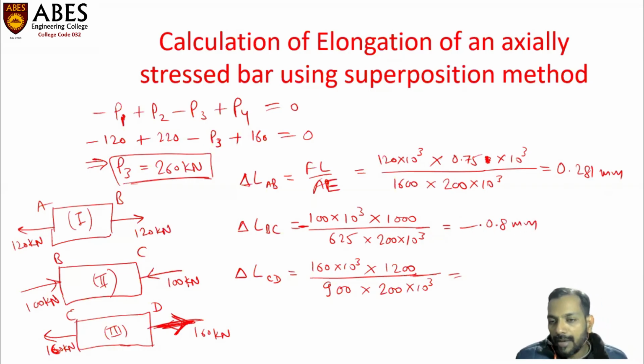I'm using a minus sign because this portion is under compression. And the elongation of the third part CD is 1.0667 millimeter. So these are the three elongations or contractions of these portions AB, BC and CD.